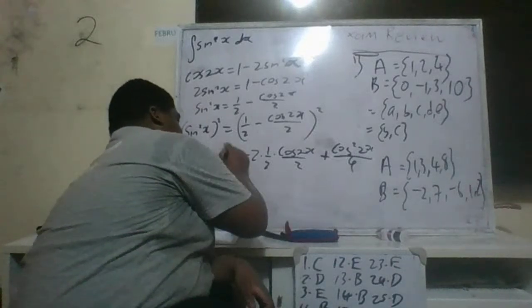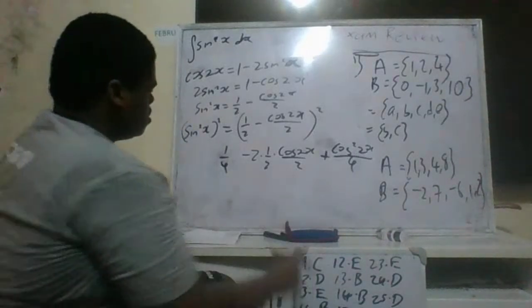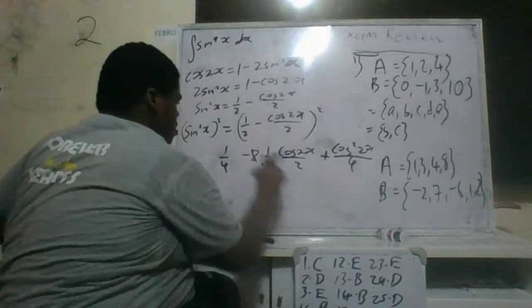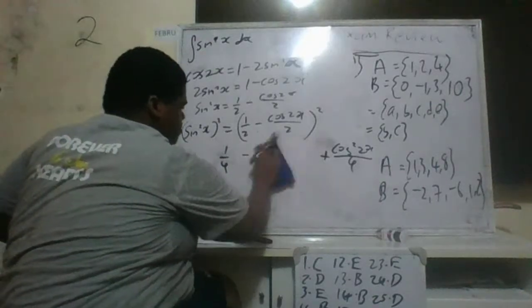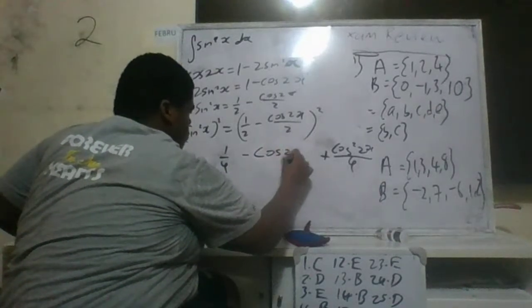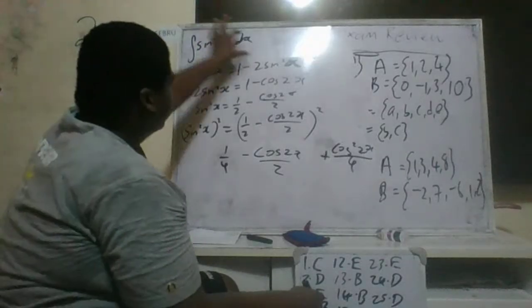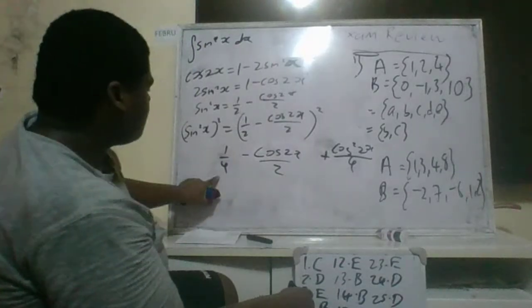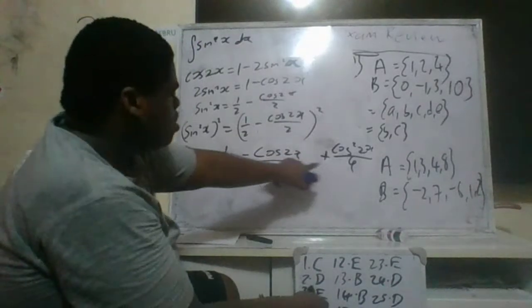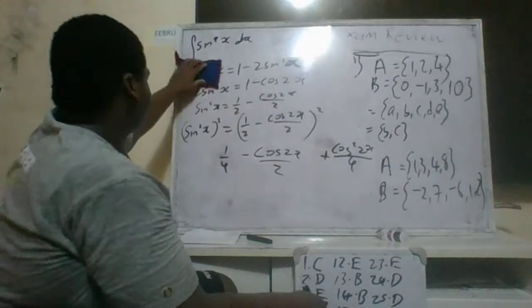This will be 1 over 4 here. This should be negative cos 2x over 2. Good. So sin to the power of 4 x is the same thing as 1 over 4 minus cos 2x over 2 plus cos square 2x over 4.